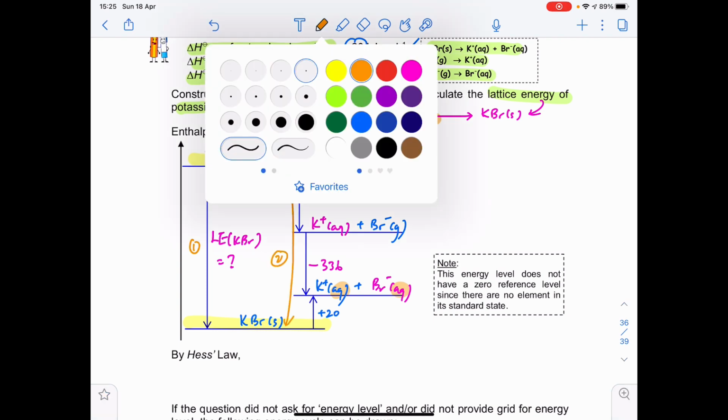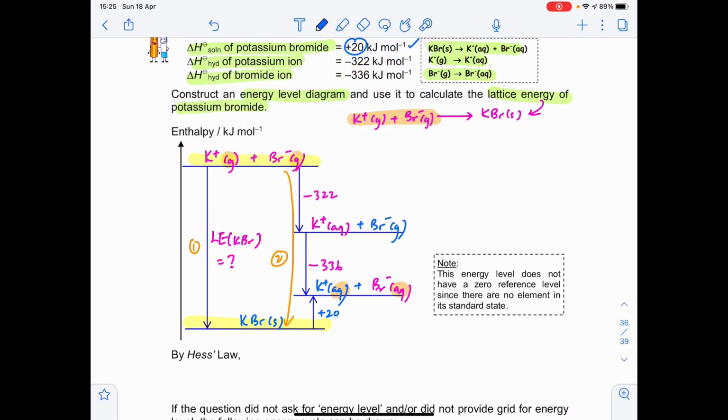So by Hess's law, the enthalpy change of lattice energy of potassium bromide will be equal to minus 322 plus minus 336 minus plus 20. So you have minus 678 kilojoules per mole.